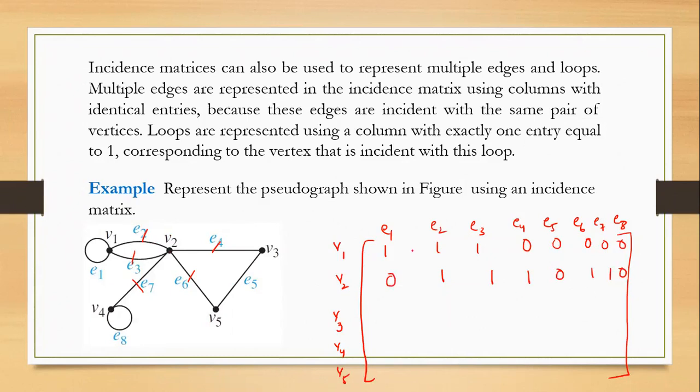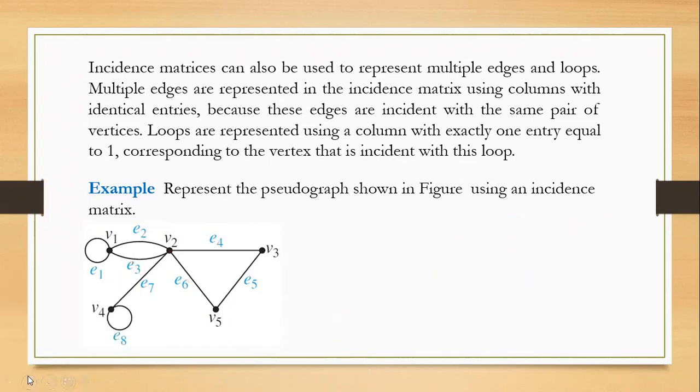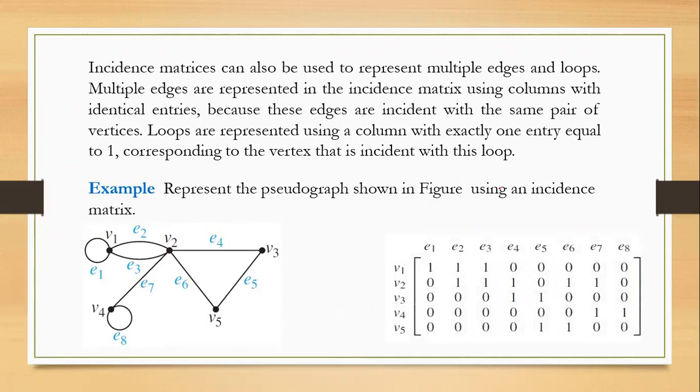So let's mention that. This way you can do it for V3. So let me just write it. Yes, this is the incidence matrix for this pseudograph. Verify for V3, V4 and V5. Solve it by yourself.